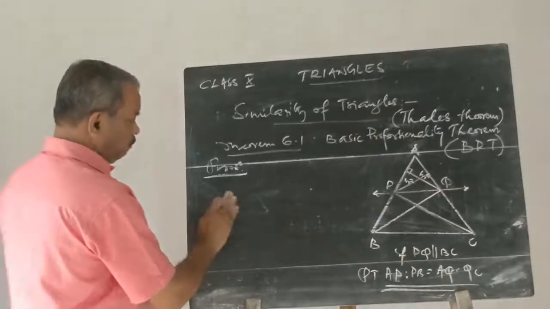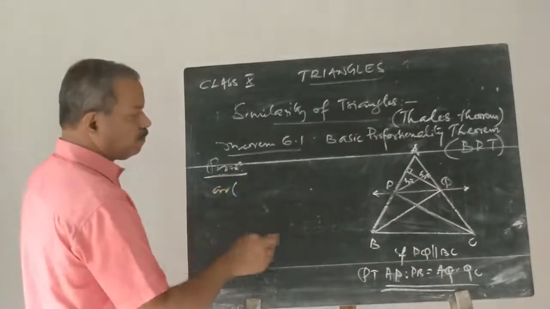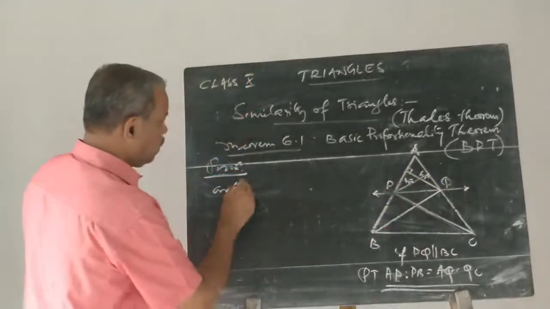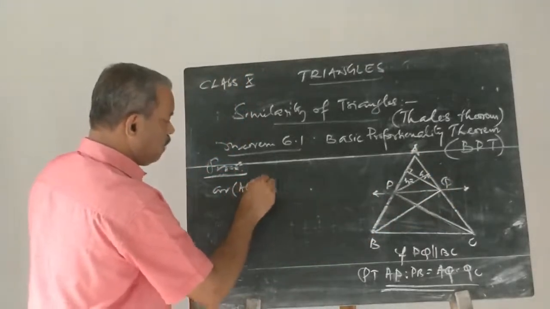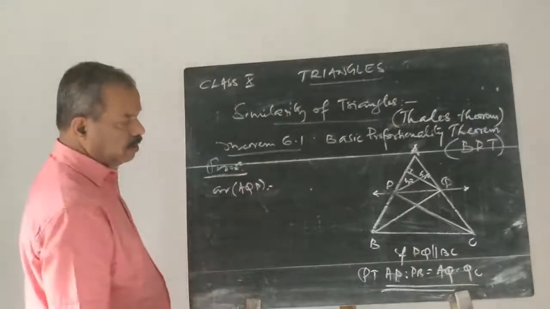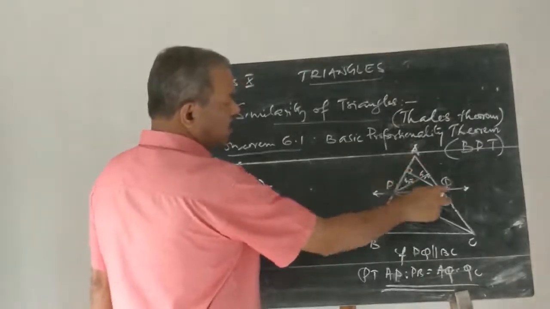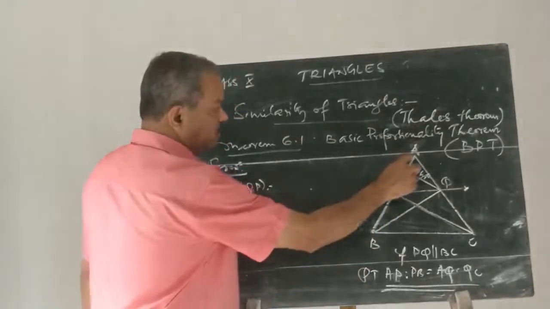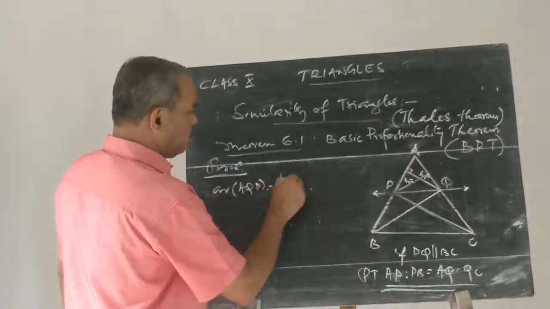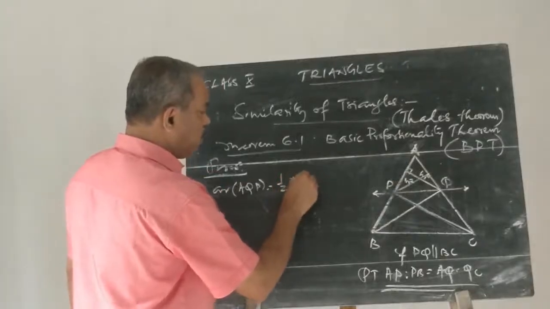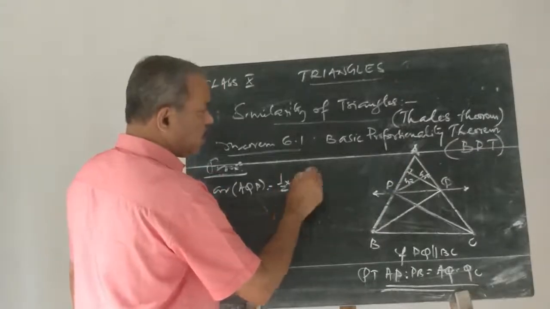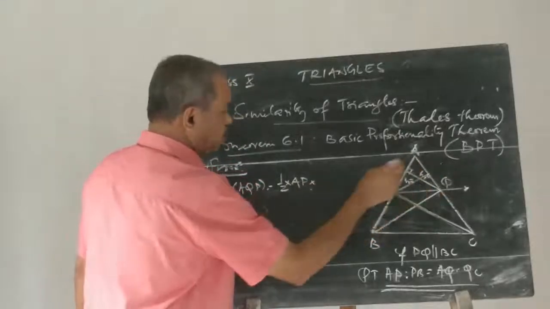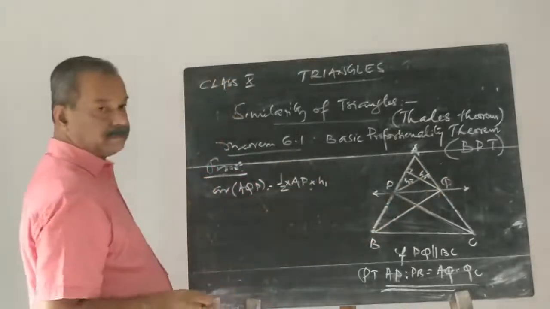What is the area of AQP? Area of AQP is half into base AP into altitude H1.